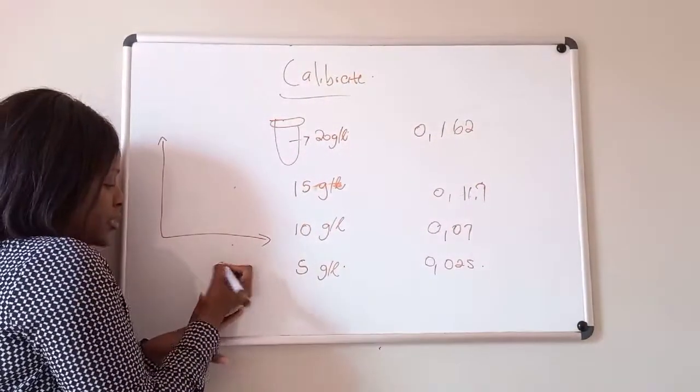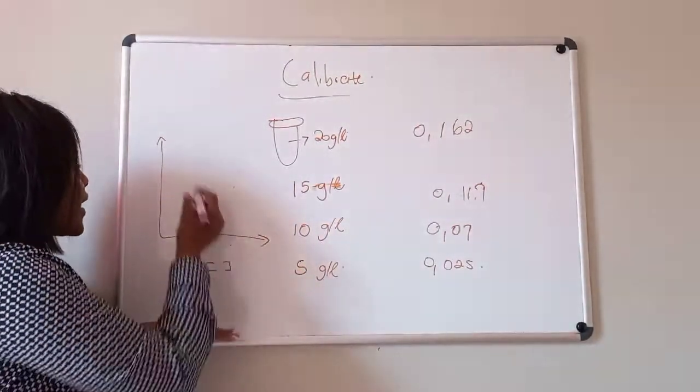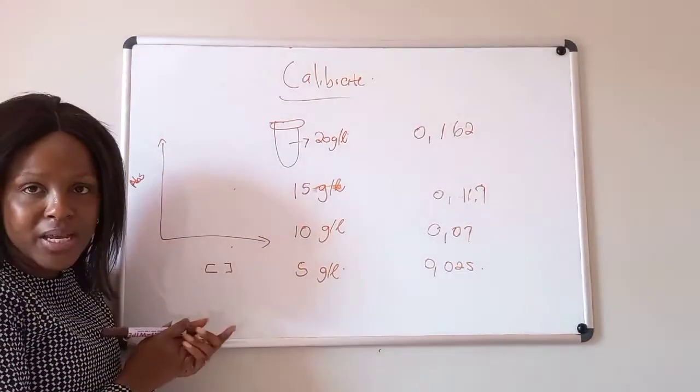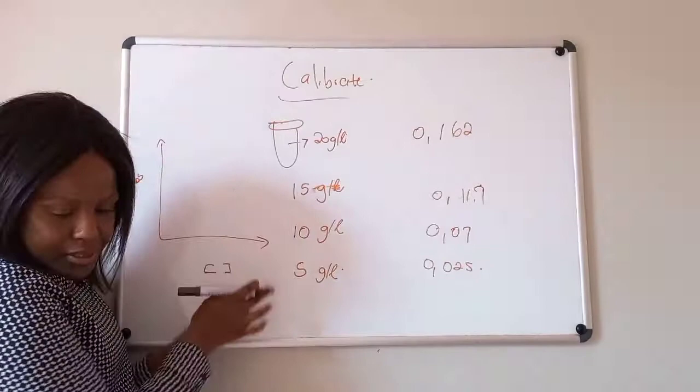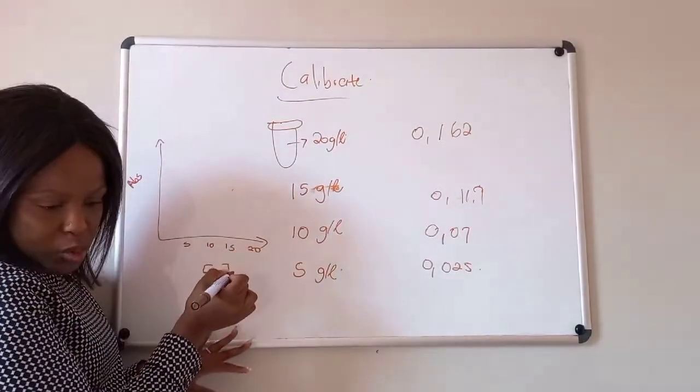On your calibration graph, the x-axis is going to be the concentration of the analyte, and the y-axis is going to be the absorption. The instrument is just going to join the points: 5, 10, 15, 20.